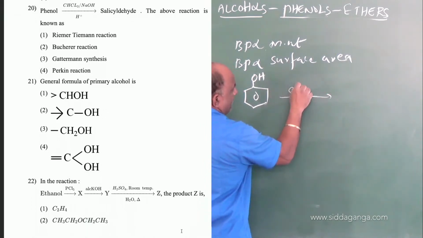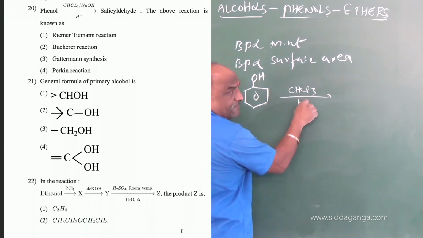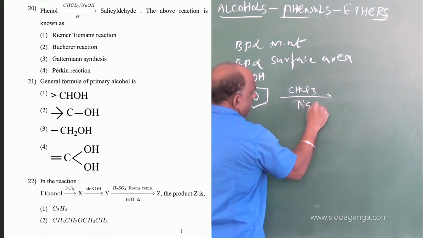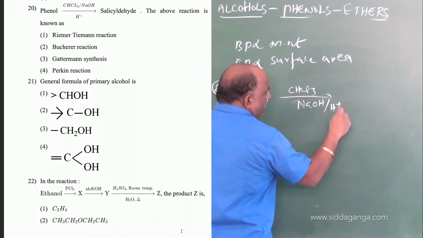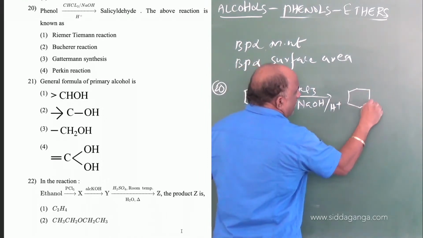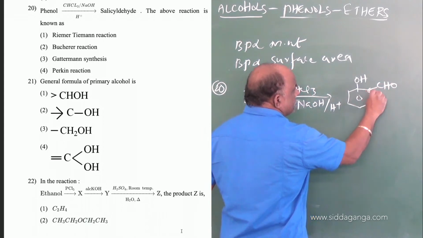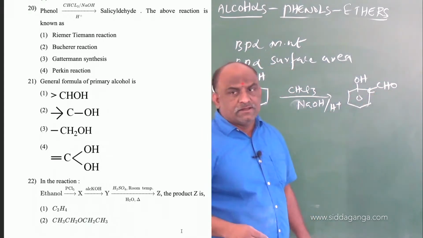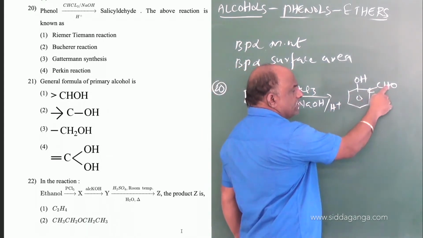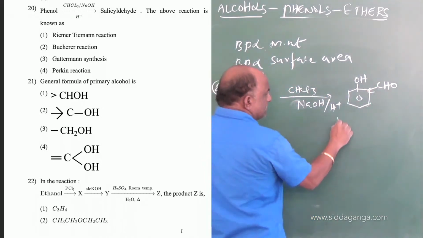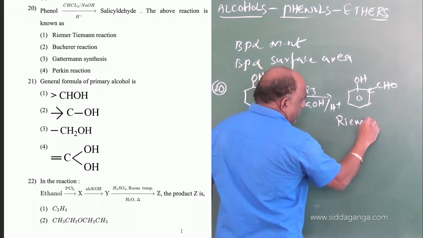Phenol, CHCl3 plus NaOH or KOH, followed by hydrolysis. Then the compound has OH here and CHO here. A new C-C bond takes place in this reaction. One carbon-carbon bond was introduced in this reaction, and this reaction is called Reimer-Tiemann.